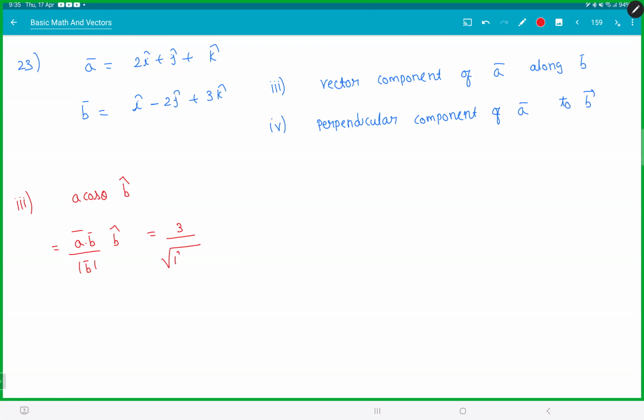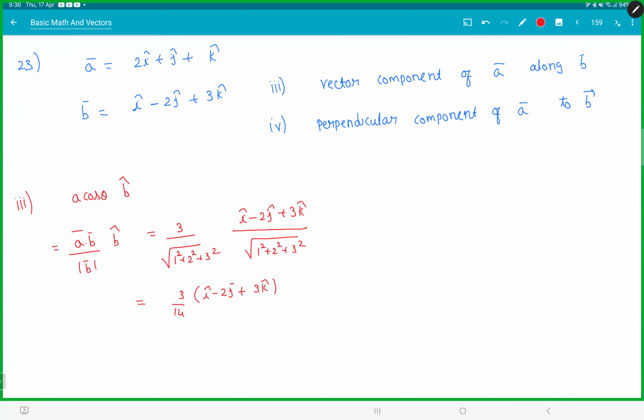Root over 1 square, 2 square plus 3 square. And what is b cap? B cap is take the vector b, i minus 2j plus 3k, and divide by its own magnitude. This will be 3 by 14, i cap minus 2j cap plus 3k cap. Clear?